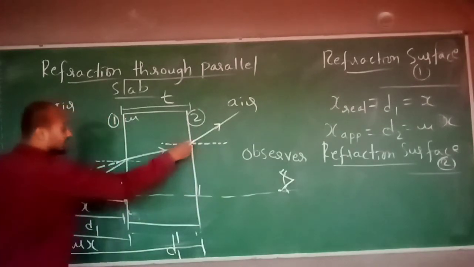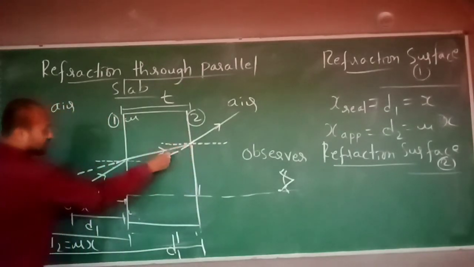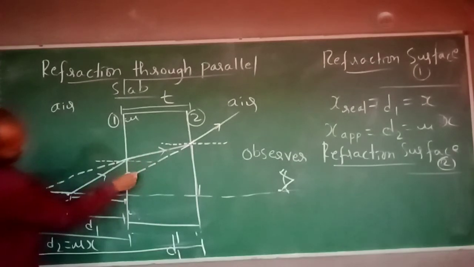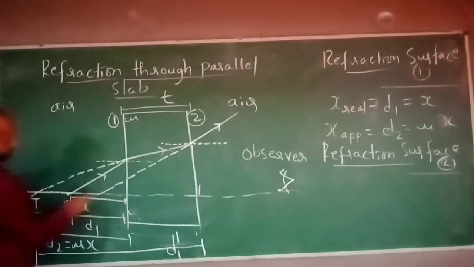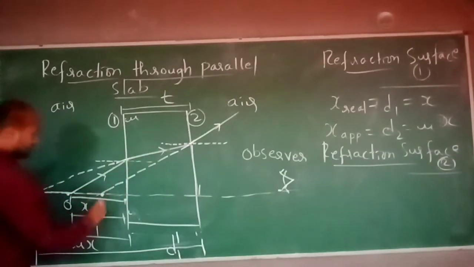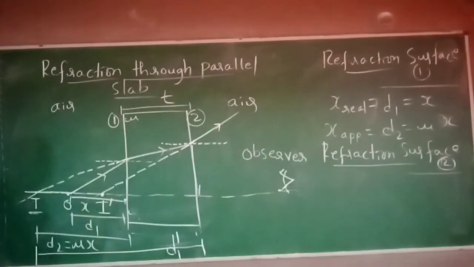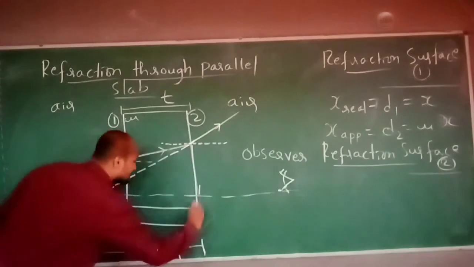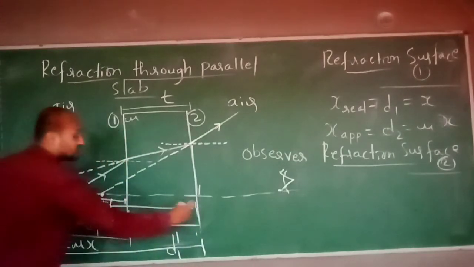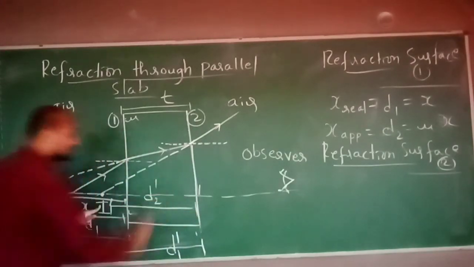But where is he seeing it? He is going to see it somewhere here. Let us take I dash. This distance, from I dash to the second surface, will become D2 dash.